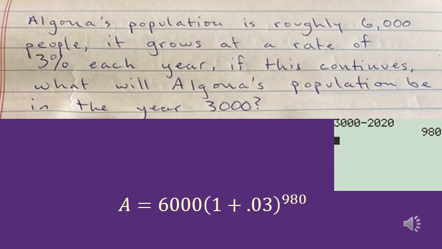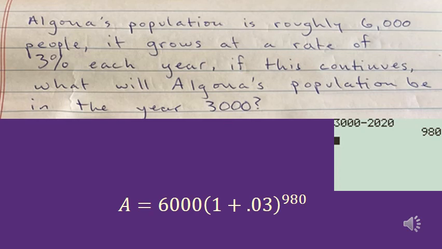It says 980 years, which is kind of telling me we're going to get a really big answer once we get done, because that's a long, long time from now. Algona's been a town for like 160 years, so we've got a lot more time to go before we get to 980.